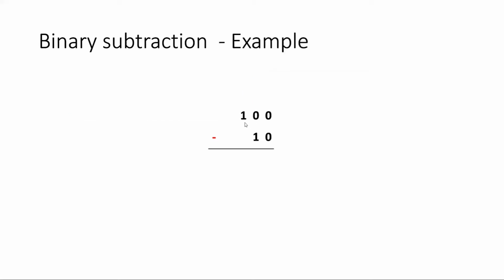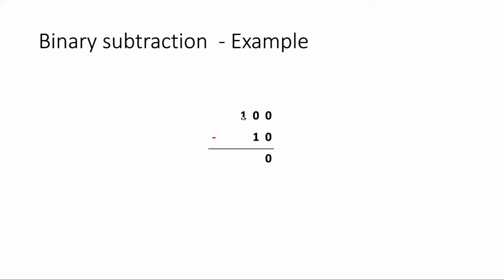So now we want to subtract 1, 0, 0 by 1, 0. We start from the rightmost bits. 0 minus 0 is simply 0. In the next place, we have 0 minus 1. So here we need to borrow. And we have a 1 in the next position. So we are lucky. We just borrow from that.